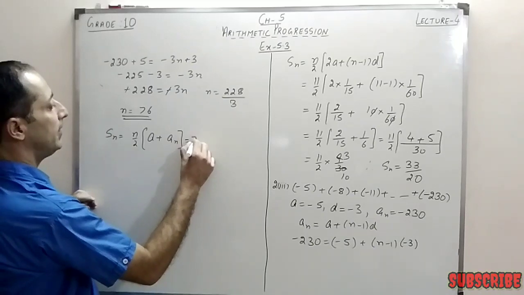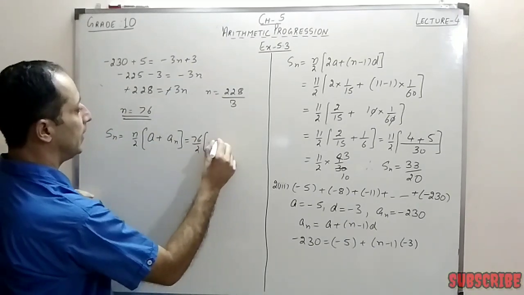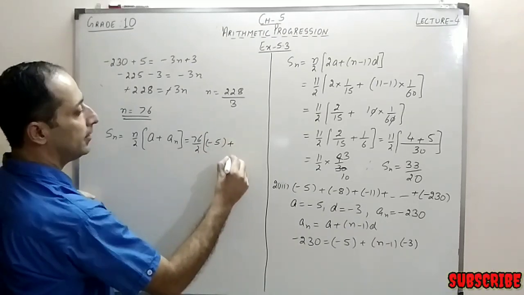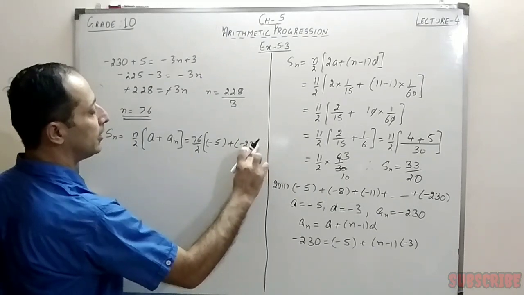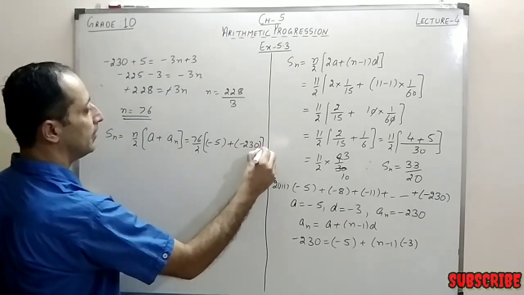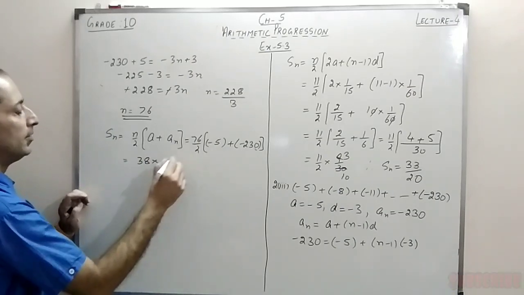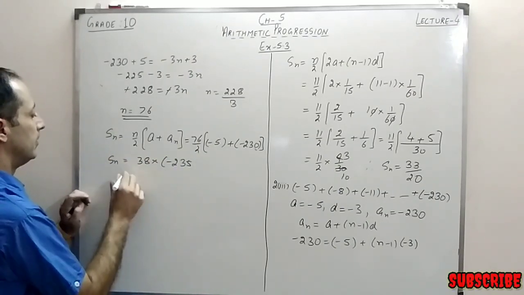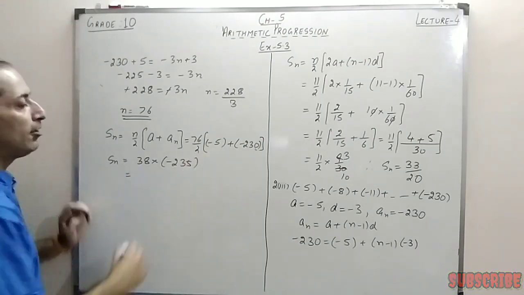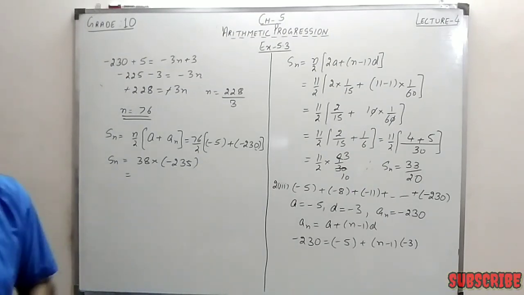This is 76 upon 2, into minus 5 plus the last term, minus 235. Sorry, minus 230. So this becomes 38 into minus 235. You can multiply it yourself and find the answer for this question. I just leave it to you, right?